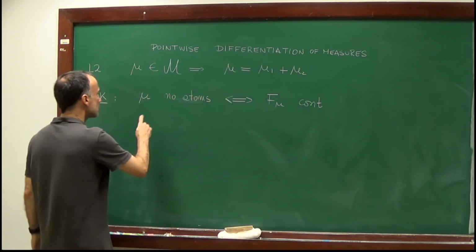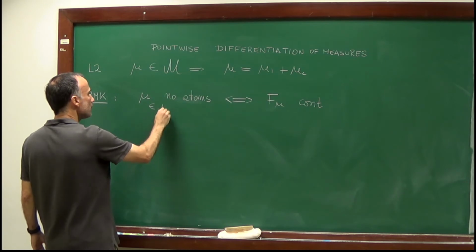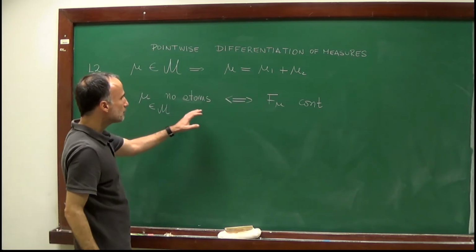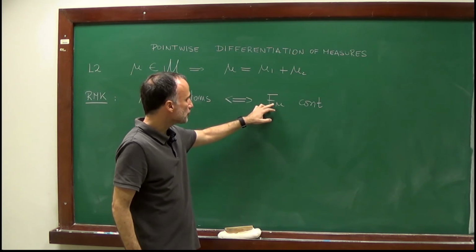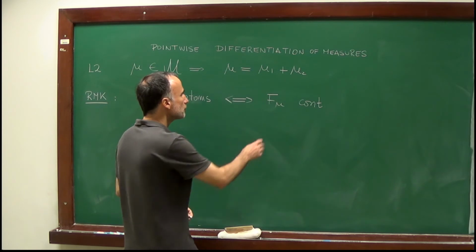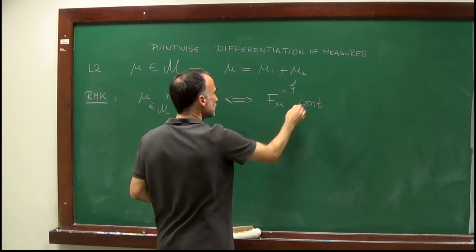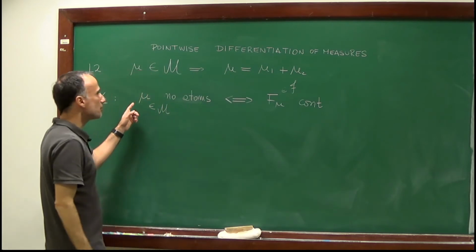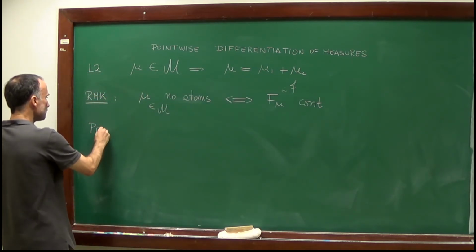So this remark is stating that, well, take a measure mu in M. If it has no atoms, then the associated monotone function is continuous. And the converse states that if you take a function f in F which is continuous, then the associated measure has no atoms.